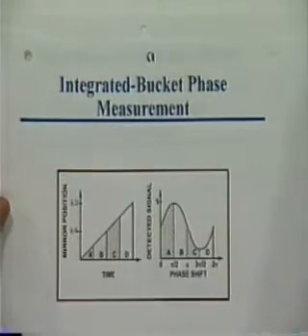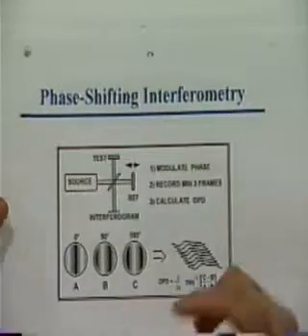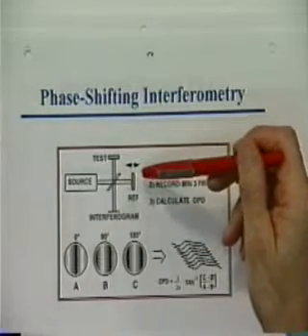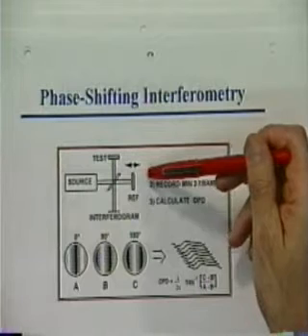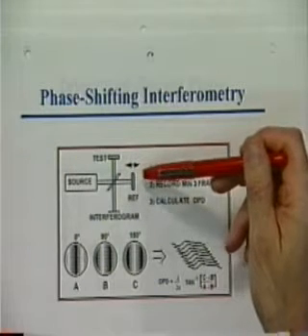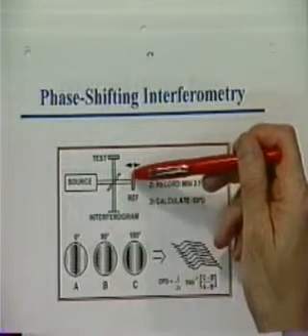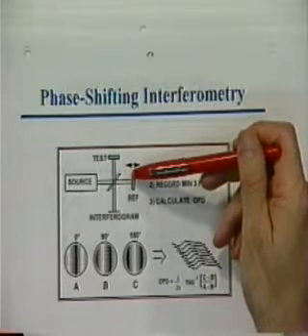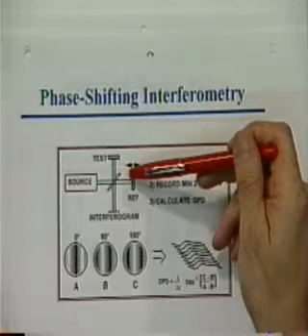And it has turned out that phase shifting is what people almost always do instead of phase stepping, because in phase stepping, as I said before, you move the mirror or in some way change the phase difference. Let's say we're moving a mirror and it takes some time to stop it before you can take data. And then you move the mirror, and it has to stop before you can take data.